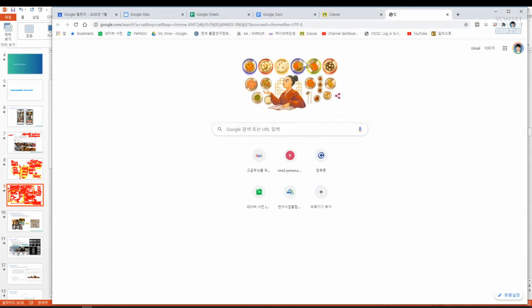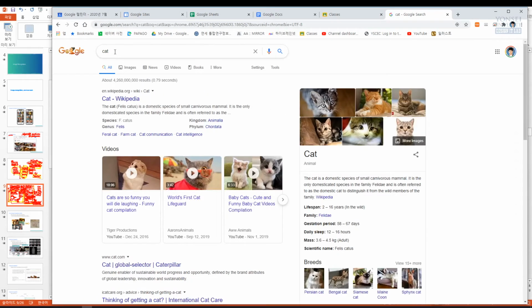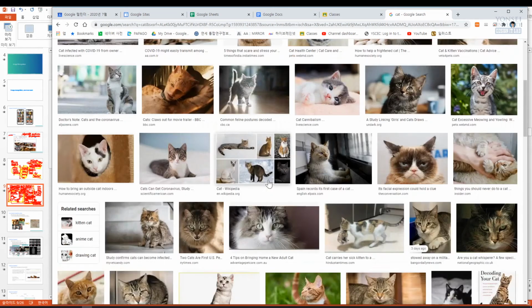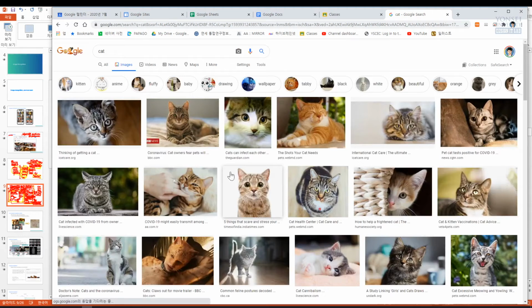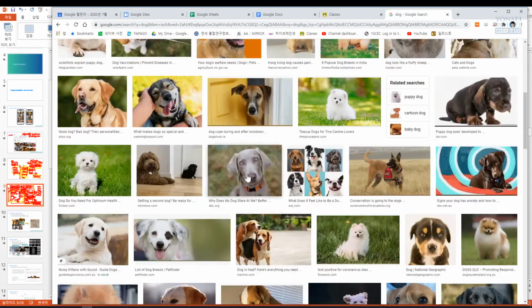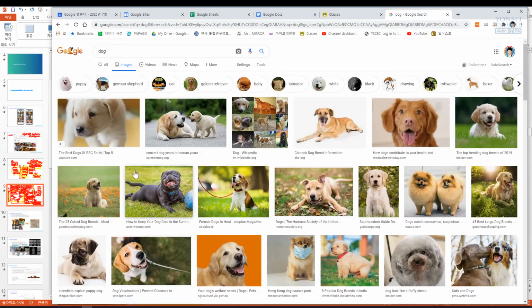What if I search using my input text cat? This one already knows what I intended to search using my keyword, something like this. If I type dog, of course, Google shows you dog results.